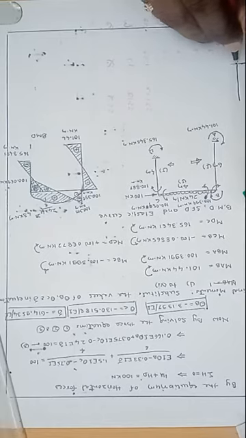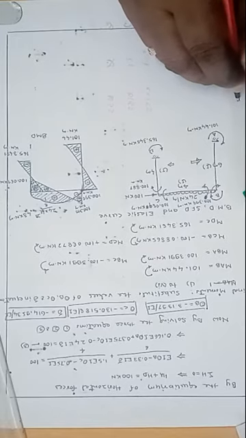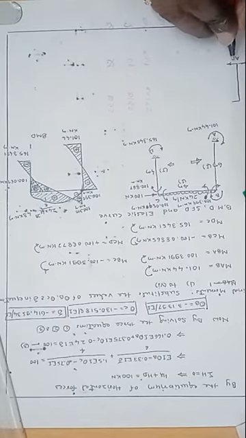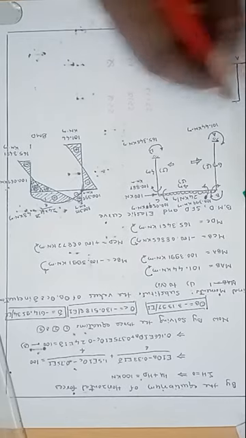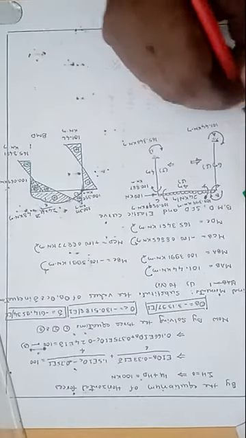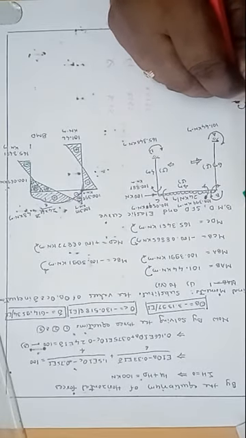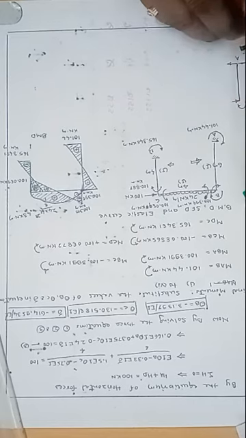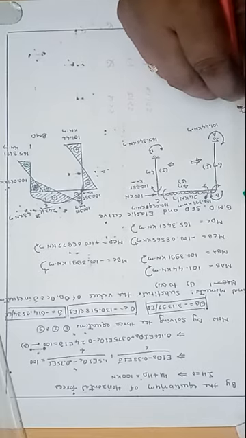HA is towards the right side, this one is A, this one is B. By the equilibrium of the forces, this one is to the right side, this one is to the left side. Here MAB is positive, MBA is positive. Both the moments are clockwise, this one is MAB and this one is MBA.